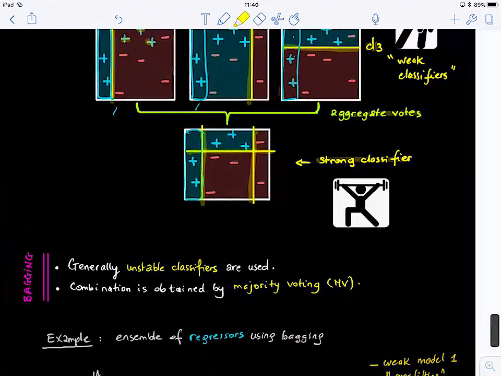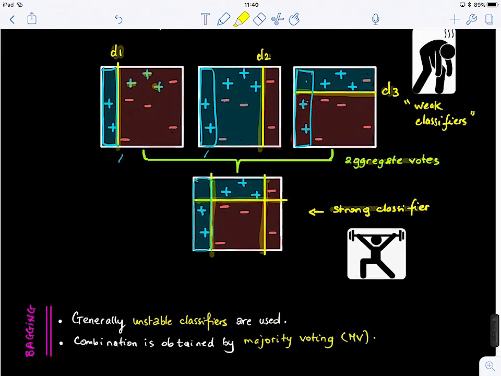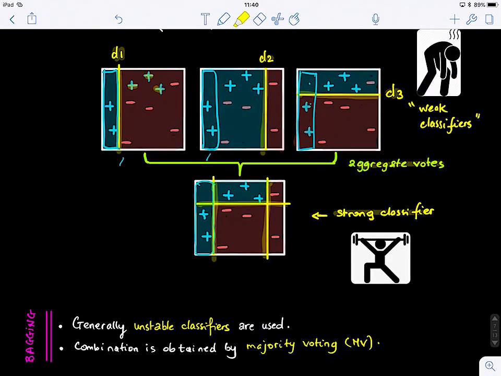So generally we would say that bagging works best when you use unstable classifiers. For example, one of the commonly used ones in bagging is decision trees, and also any weak classifier that might struggle a little bit, so you can aggregate all of them.